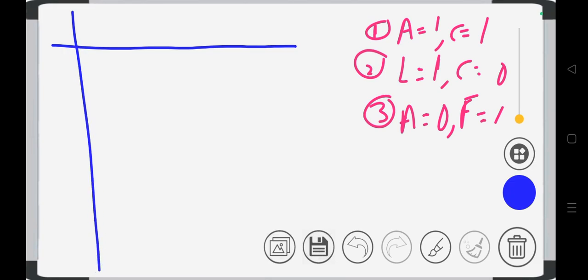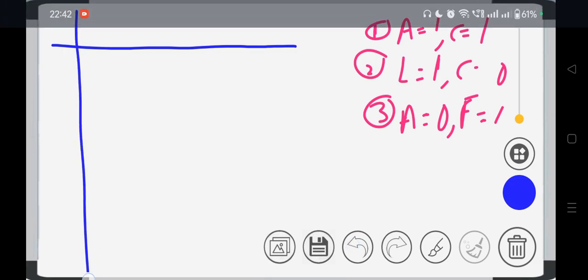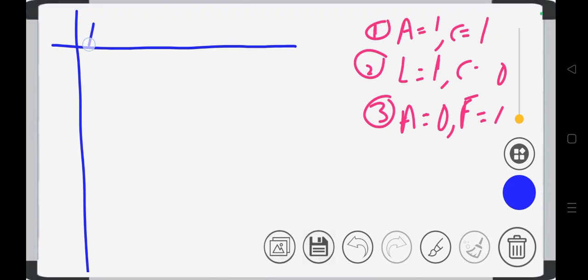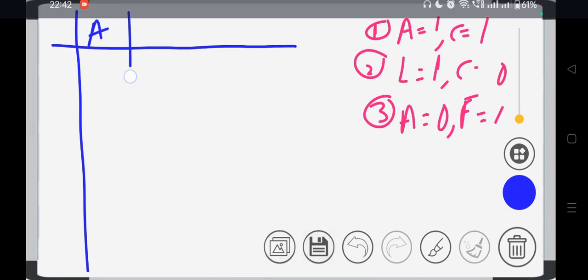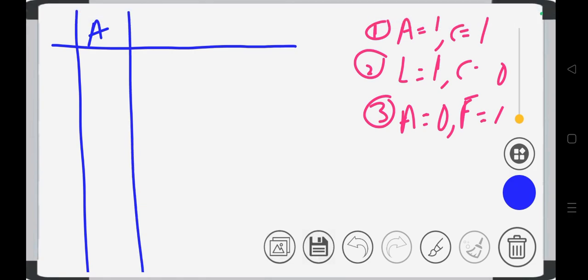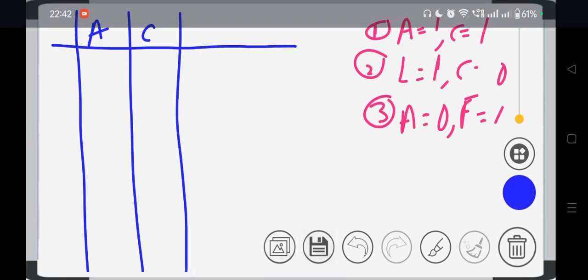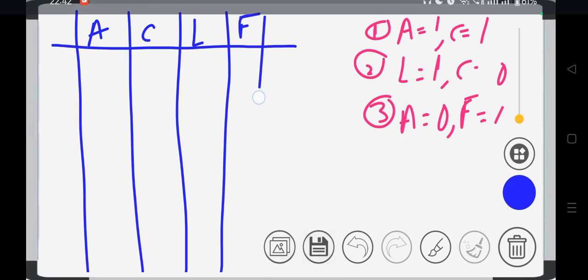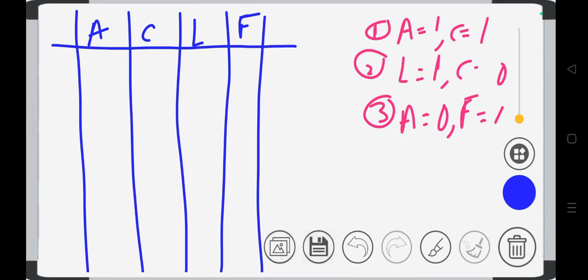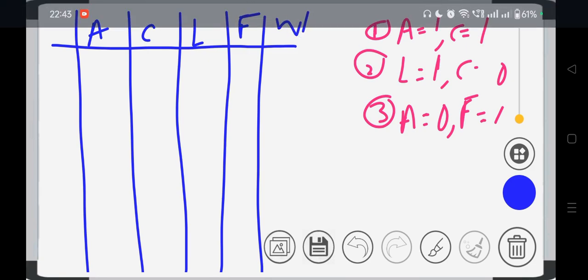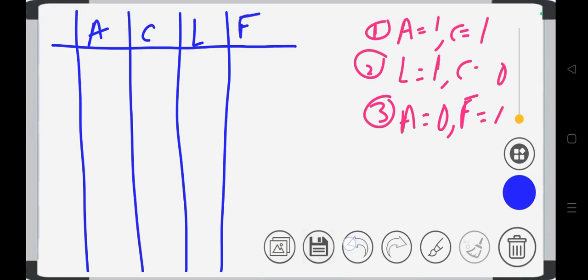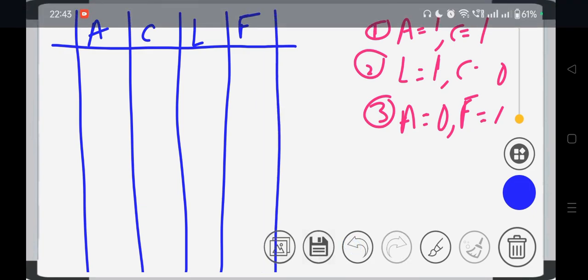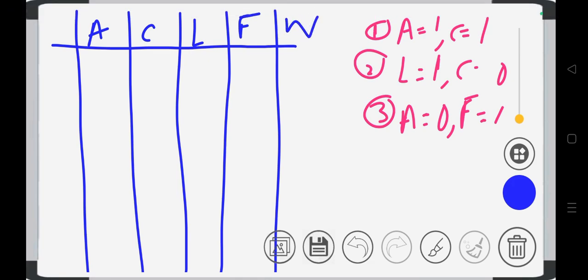So the table is something like this: the first column is column A, then we have column C, then column L, then F. And guys, then we have the output, that is W.